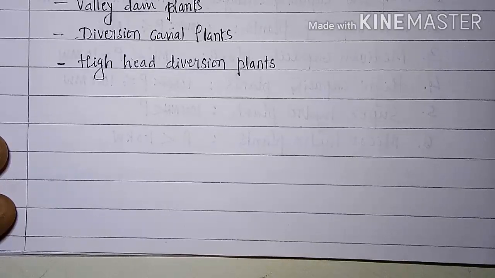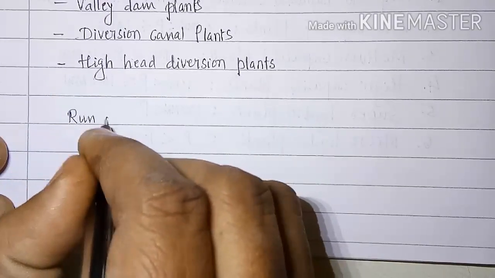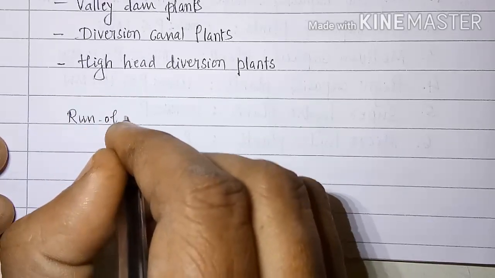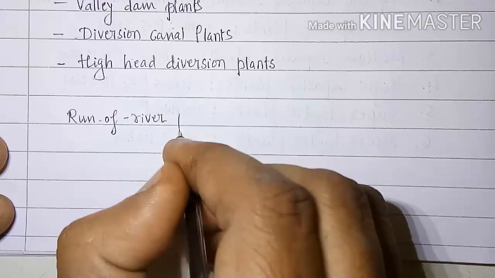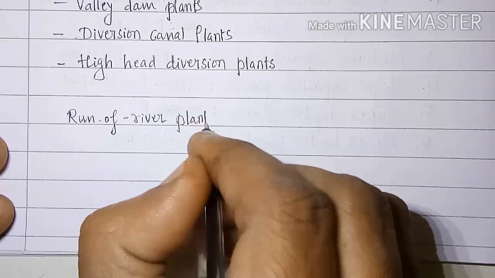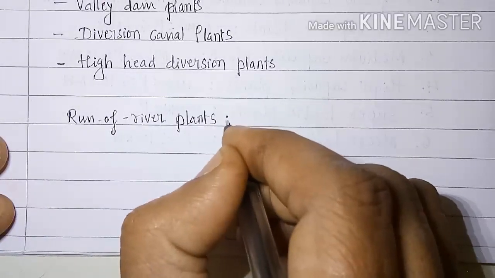Now we will see these types of plants one by one. First one is run-off river plants.